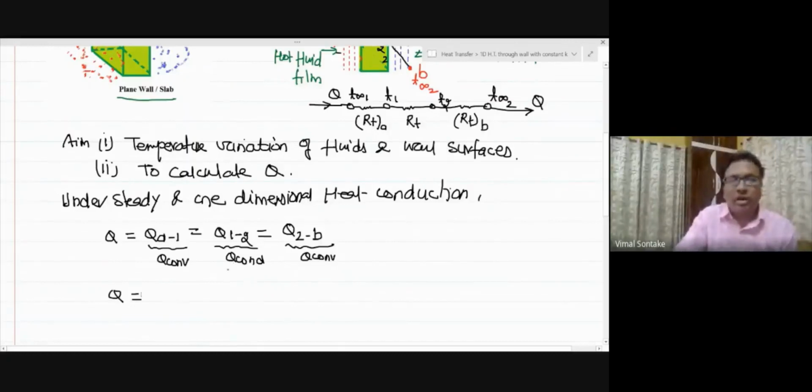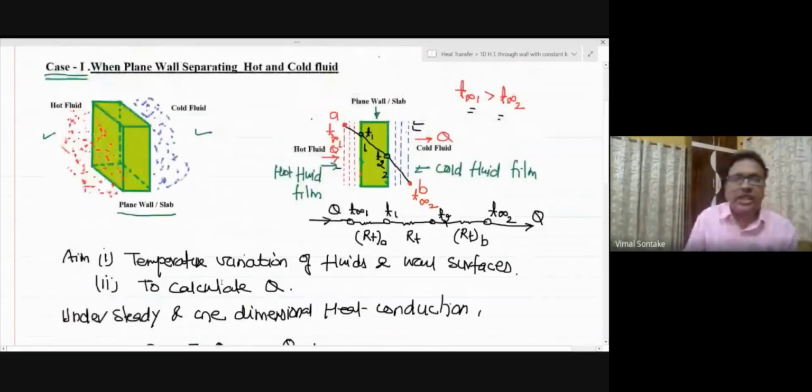One more thing I forgot to represent here. Let's say the convective heat transfer coefficient of the hot fluid side is hA and the convective heat transfer coefficient of the cold fluid is hB, in watt per meter square Kelvin. And the thermal conductivity of this plane slab is k.